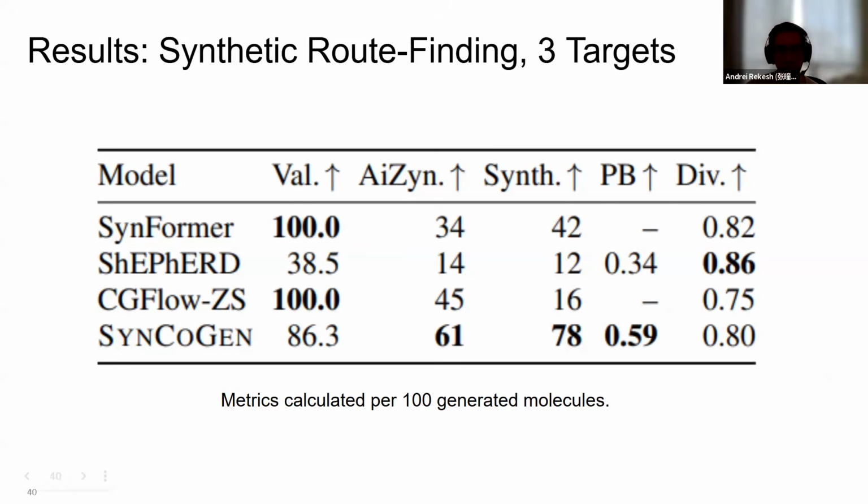And so with AI Synthfinder and Synthesius, we score much higher even compared to other synthesizable methods like CGFlow ZS and Synformer, just by virtue of having simpler building blocks in our set. Again, I would say this still is not worth the trade-off of having a larger building block set. So that's our top priority going forward, but it's cool to see.